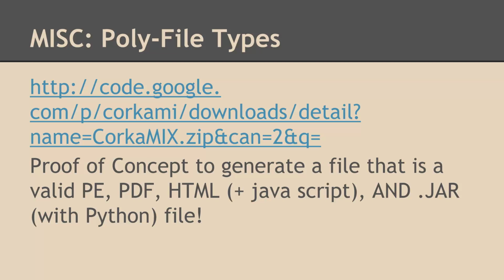This is another thing that I've suggested over the years, but I haven't seen any fruit in fuzzing it. Having a file that is recognized as multiple files validly. The following proof of concept is a valid portable executable, PDF, HTML, plus working JavaScript, and a jar with a Python file embedded in it, which is pretty interesting.